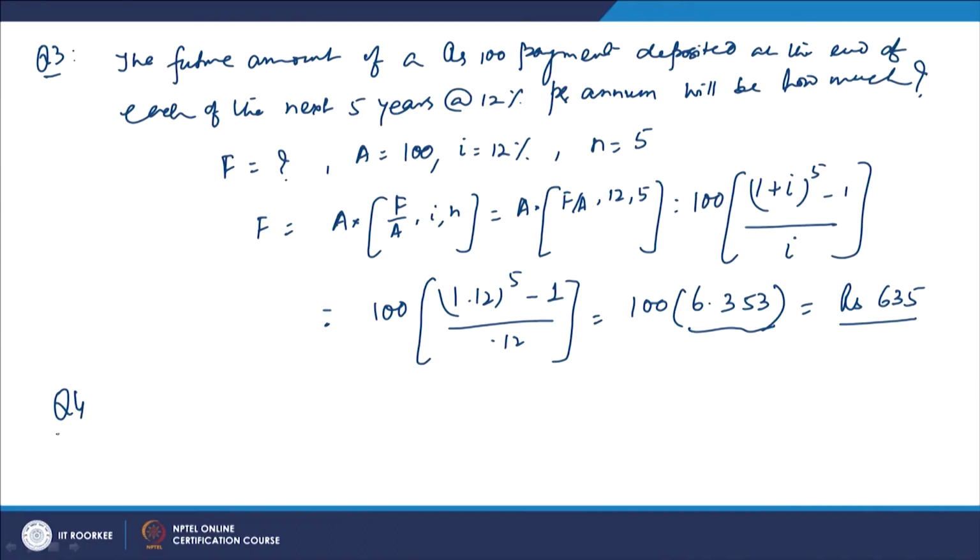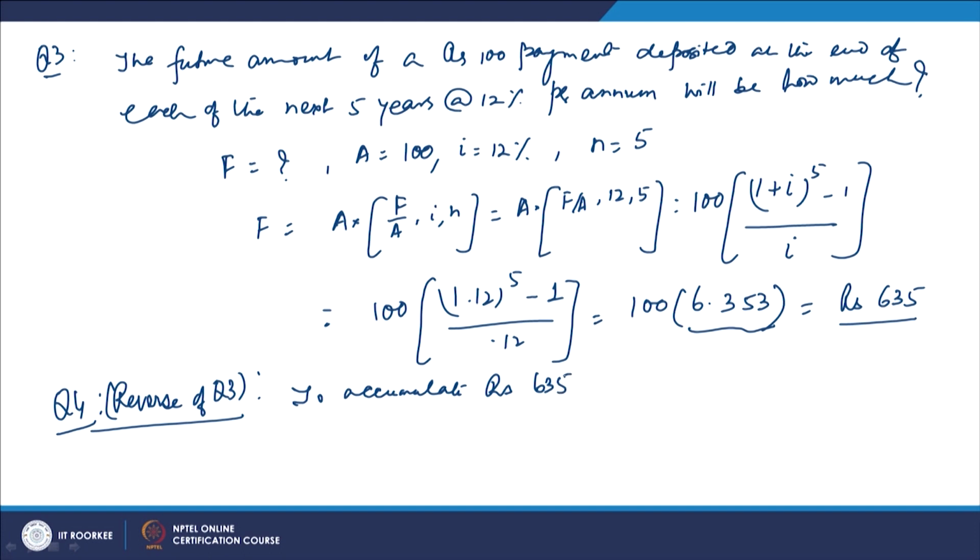Then you can have again the reverse of this problem. So it will be the reverse of question 3, and in this case the question may be that you have to accumulate, suppose, rupees 635.